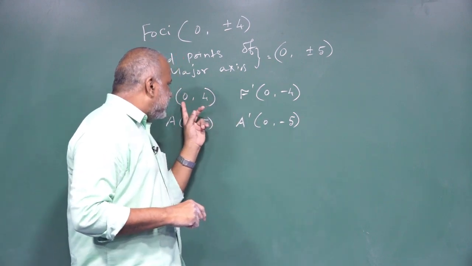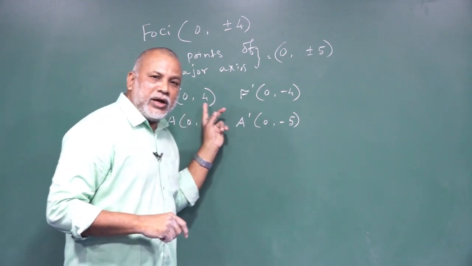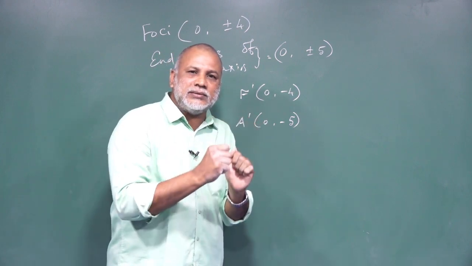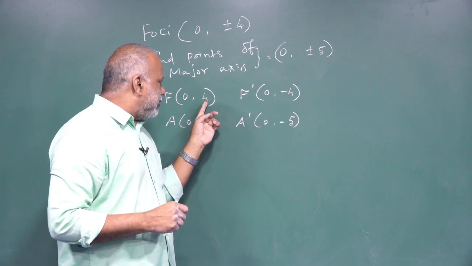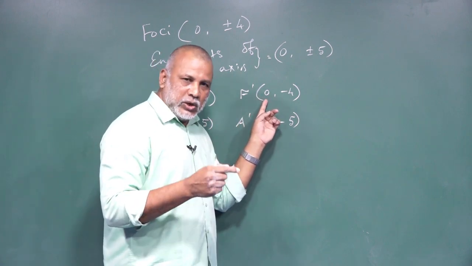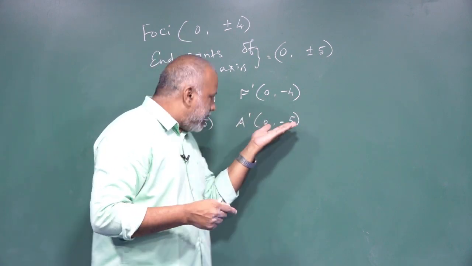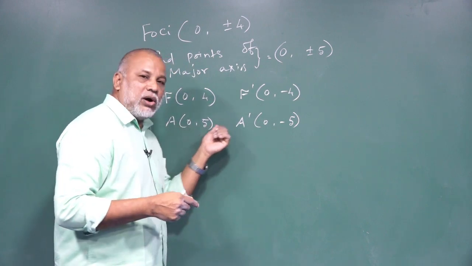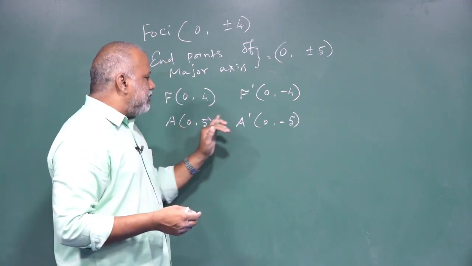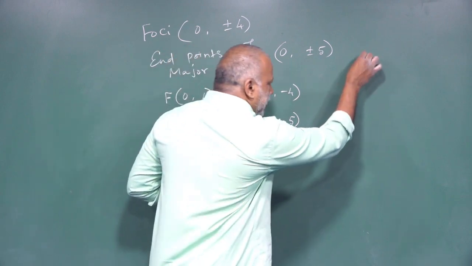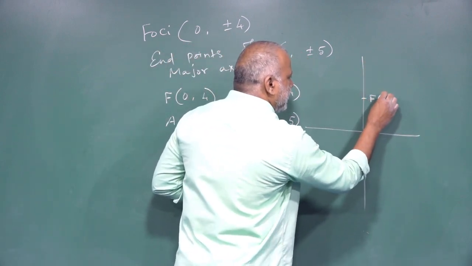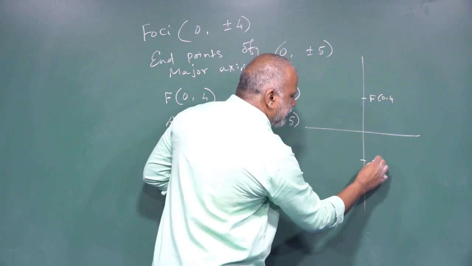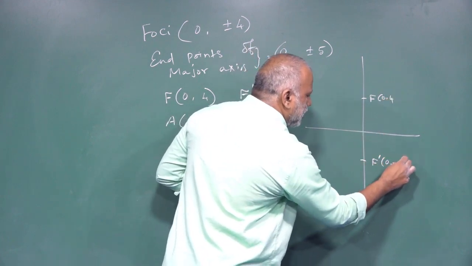See, the focus is 0, 4. Where does the point 0, 4 lie? On the y axis, because here x must be 0 and y must be 4. The other one is 0, minus 4. In the same way, these are called vertices: 0, 5 and 0, minus 5. Automatically you can judge now. One point F, 0, 4, then another point F dash, 0, minus 4.